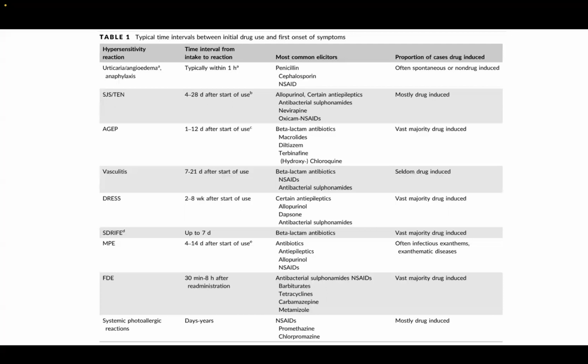Then DRESS: the usual latency period is 2 to 8 weeks, and we know that DRESS is drug reaction with eosinophilia and systemic symptoms, a specific entity or phenotype of the severe delayed reactions. The usual latency period is 2 to 8 weeks after starting the drug. It is common with certain antiepileptics, usually aromatic antiepileptics, allopurinol, dapsone, and some antibacterials like sulfonamides.